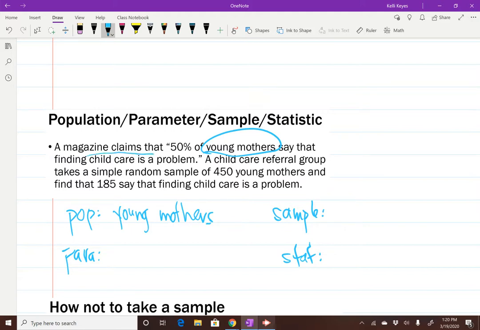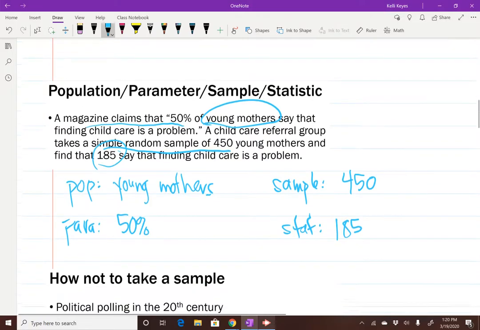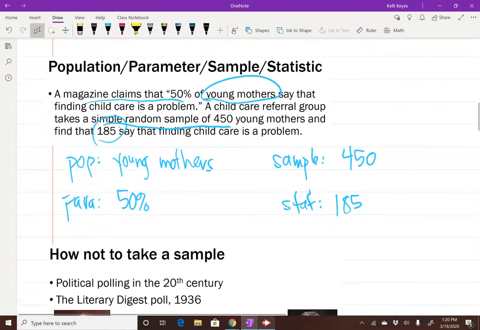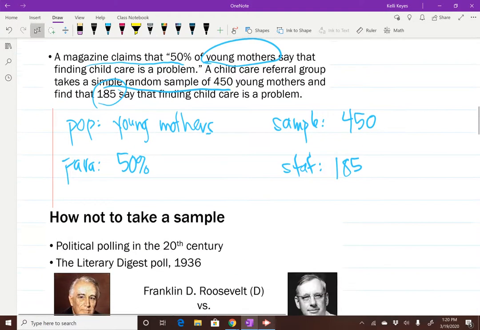The magazine claims that 50% of them have a hard time finding childcare, so the 50% would be the parameter. And then the sample they took is this simple random sample, 450. And then the statistic is that number out of their sample that said they had a hard time finding childcare. So hopefully that makes sense with just how to define population, parameter, sample, and statistic.